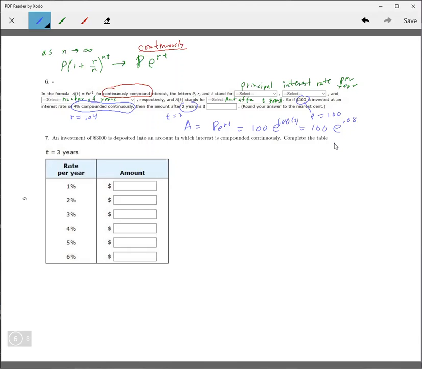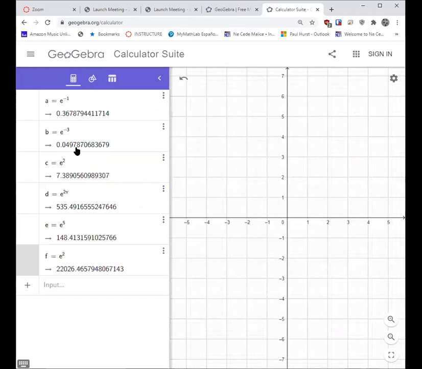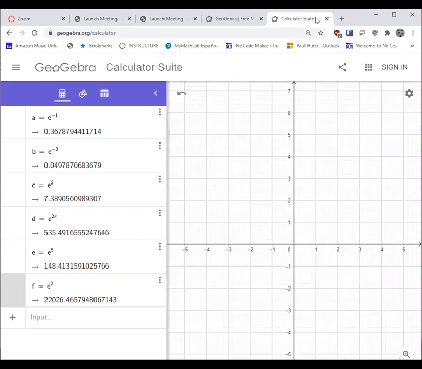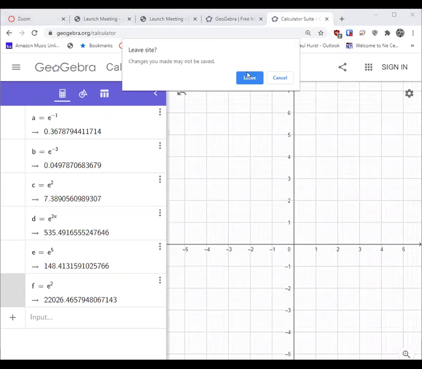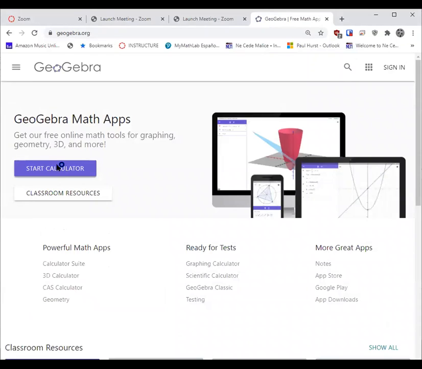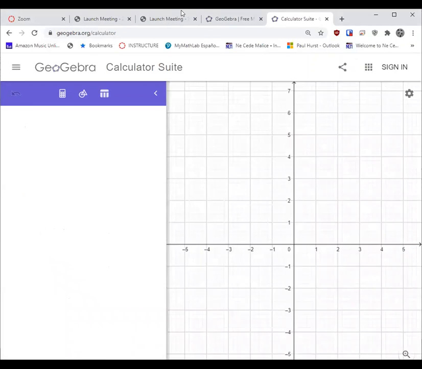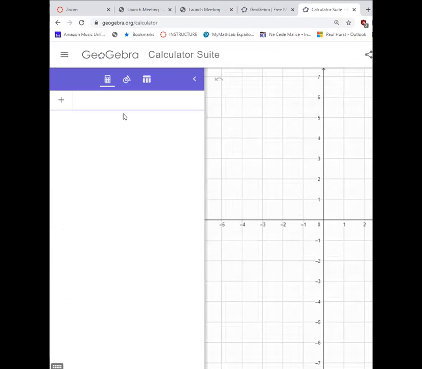Okay, and let's go back to GeoGebra. Remember, I messed up the GeoGebra, so let's just close that GeoGebra window and open a new one, because e is no longer the correct value.